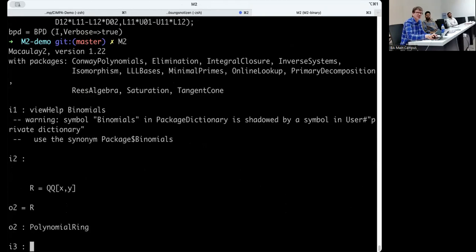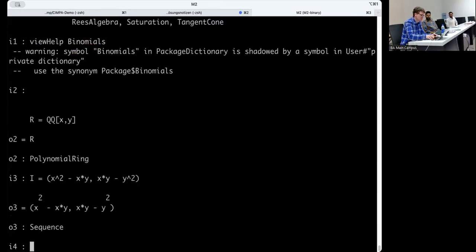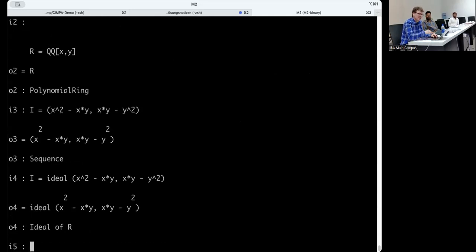I typed R is the polynomial ring in 2 variables. Now I type I is generated by x squared minus x times y and x times y minus y squared. Actually, I want the ideal of that. And now I can ask, is cellular?